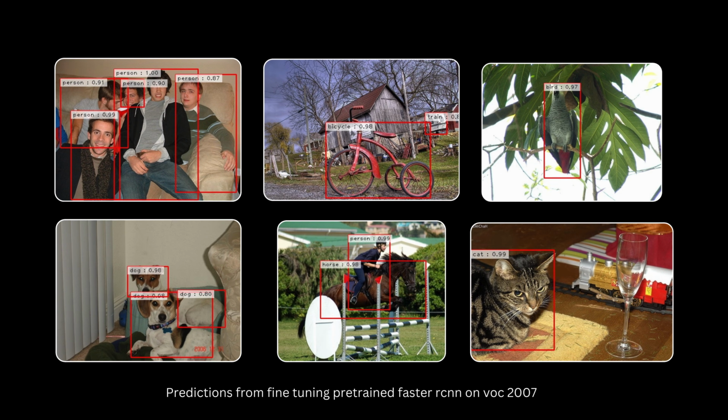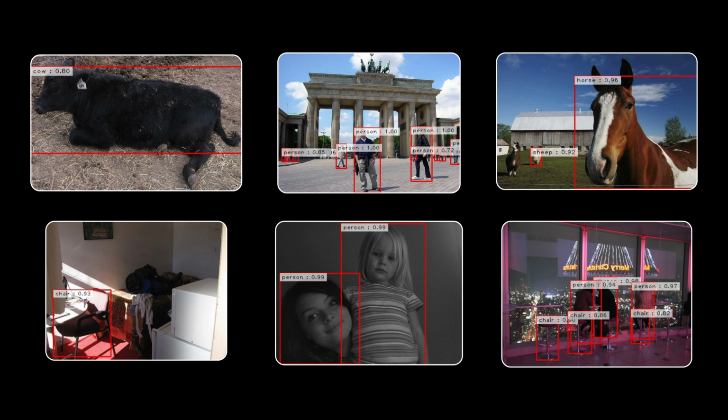As I mentioned in the last video, using the PyTorch pre-trained Faster RCNN model, you would be able to get more than 75% mAP on VOC 2007 very quickly. And with further training and tuning, one should be able to cross 80% mAP as well.